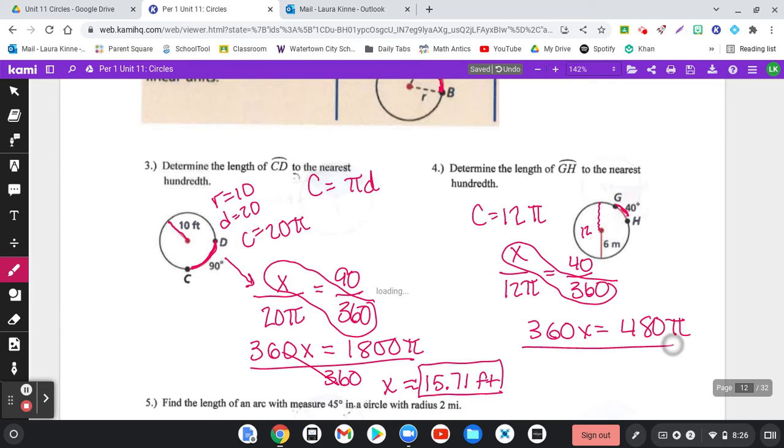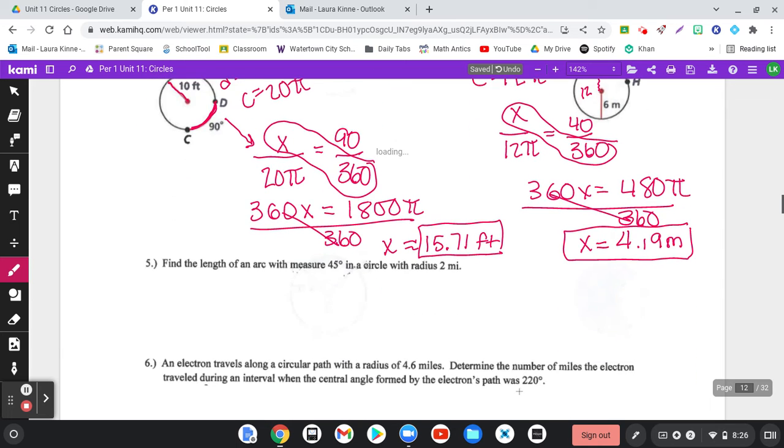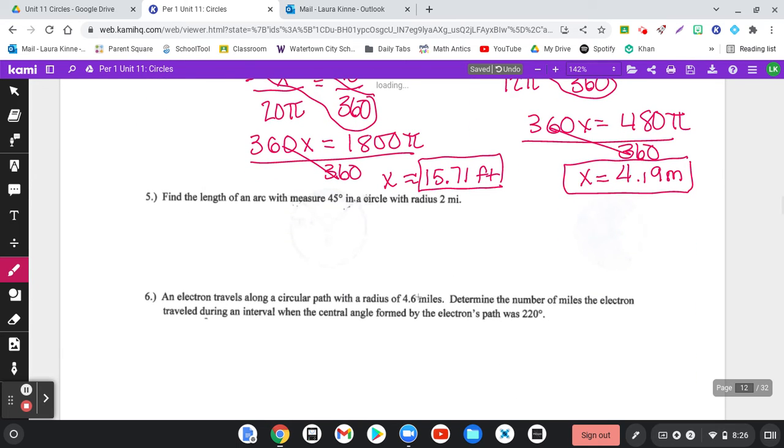And then we'll just divide by 360. And we get 4.19 meters. So once you get it set up, it's exactly the same as the area of the sector. It's just, instead of over the full area, you're going over the full circumference, which is pi times diameter.